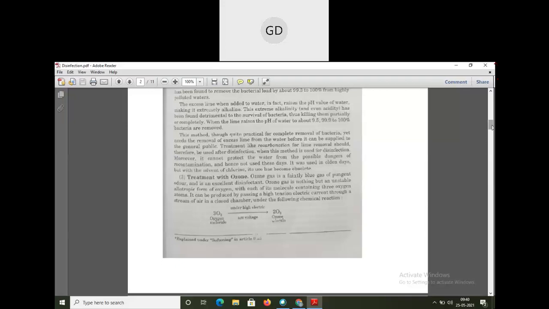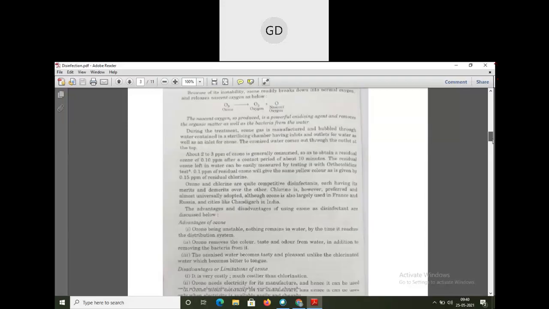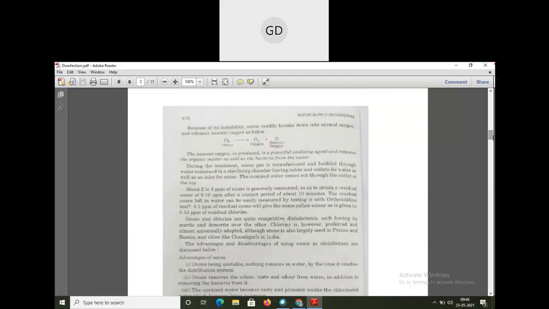This ozone is a very unstable molecule, and because of its instability it will easily break down again into normal oxygen and one oxygen atom known as nascent oxygen.